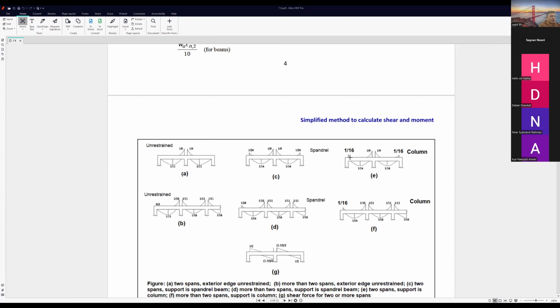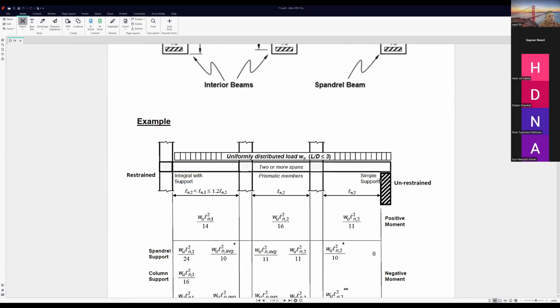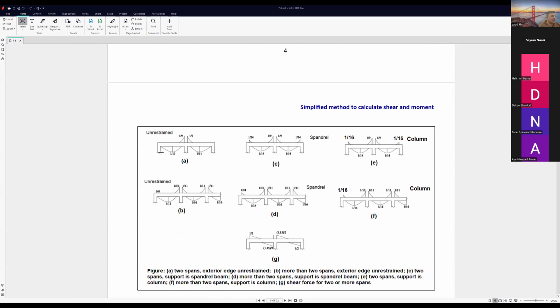If we have column, there will be negative movement. Unrestrained is a wall, a simple support, a hinge, with 0 movement. So it will be WL square over 11, WL square over 9, WL square over 9, WL square over 11.